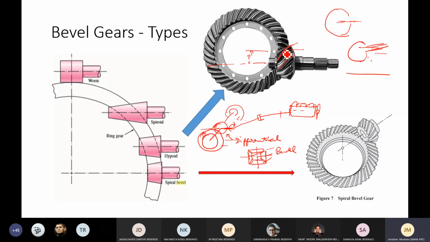Just imagine you are putting a very high shock load, you are climbing up a hill, and suddenly you cannot climb anymore, and directly you put the first gear. At that moment there will be a high impact load and high noise also. That also has to be avoided, right?